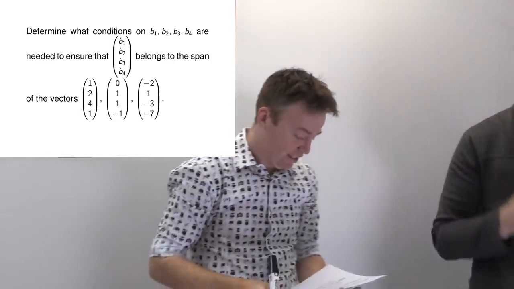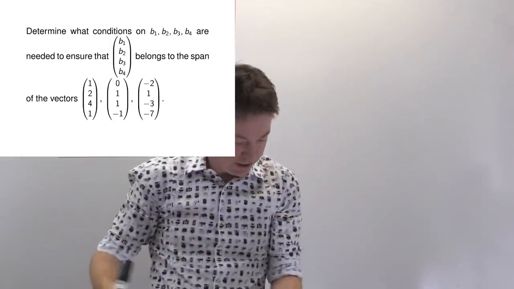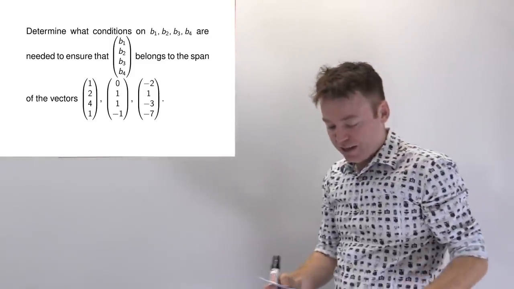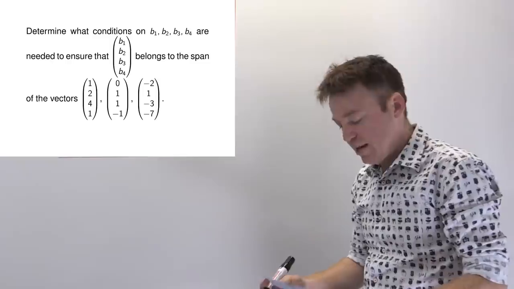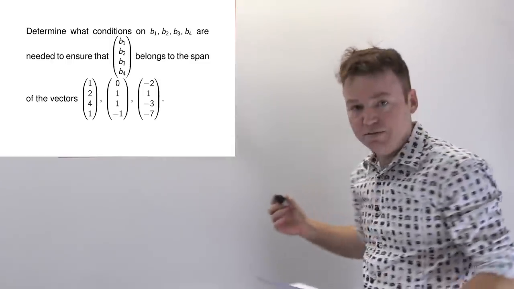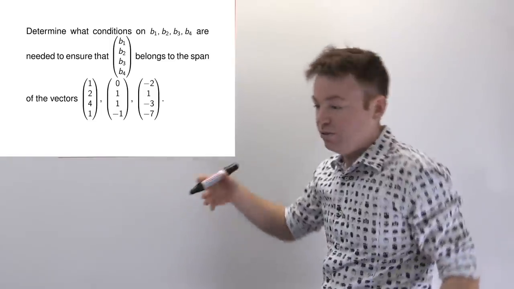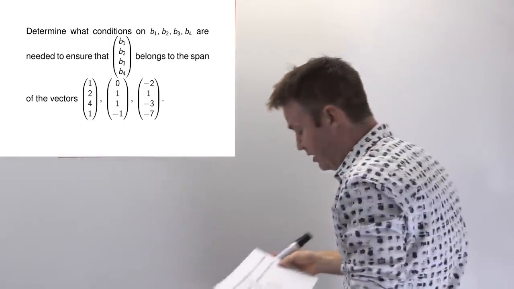Cool. So this one is hopefully clear to you. Determine the conditions on the b's which are needed to ensure that b belongs to the span of the other vectors. And I might just define the span for you, because maybe that's familiar or unfamiliar, or was familiar and now you've forgotten it.